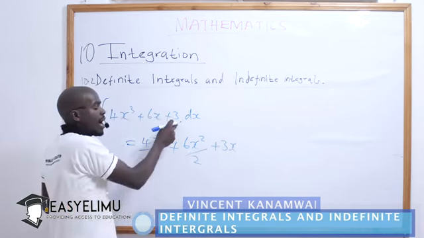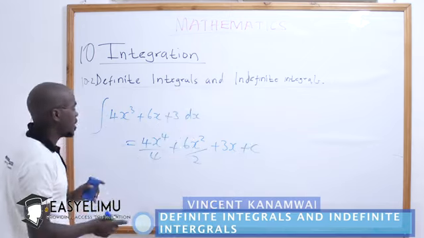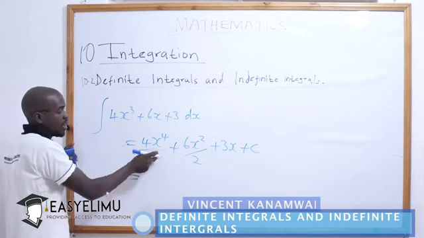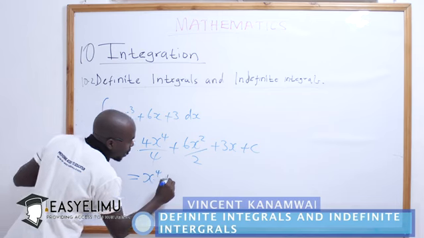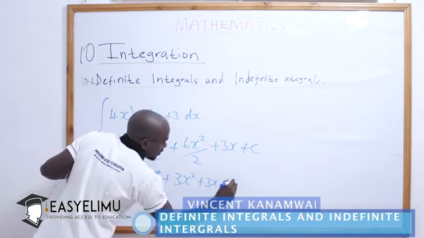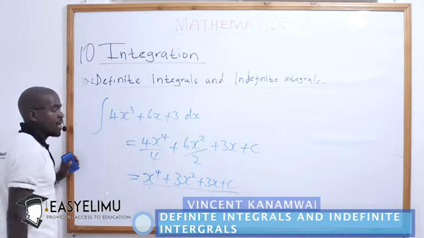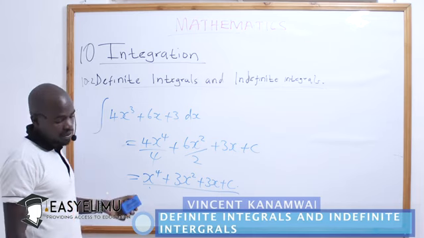But remember, after integrating, we have a constant of integration. So you put that constant, and after simplifying we find x raised to 4 plus 3x squared plus 3x plus c. So that's the integration of this indefinite integral.